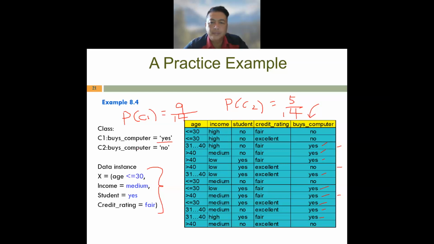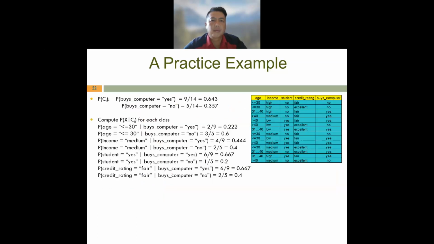So how do we perform the calculation? Like I mentioned just now, the probability of buy computer yes will be 9 over 14, because we have yes 1, 2, 3, 4, 5, 6, 7, 8, 9, and we have 14 records here.